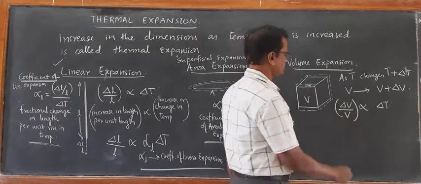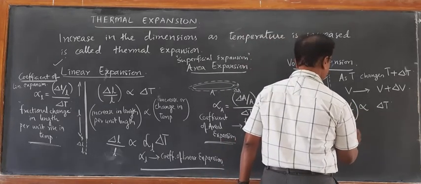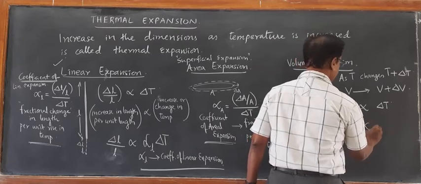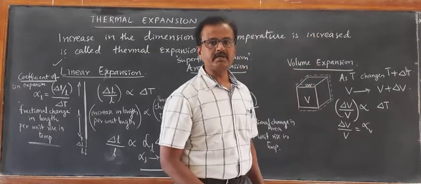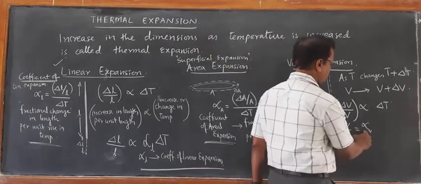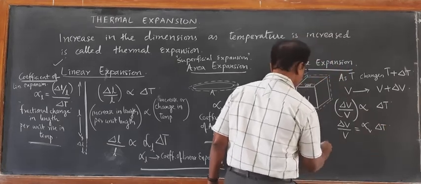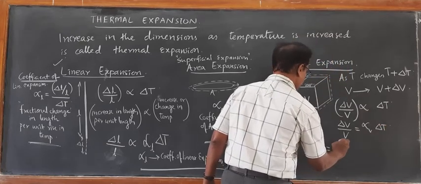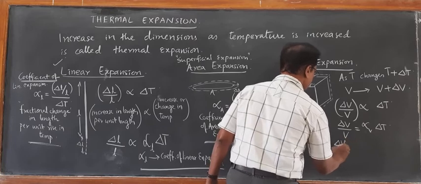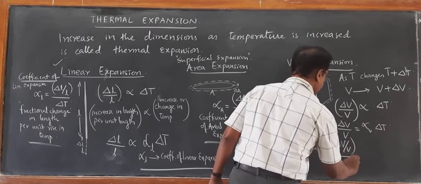If you take out this proportionality sign, then change in volume per unit volume becomes equal to what is known as coefficient of cubical expansion or coefficient of volume expansion, alpha V into delta T. Alpha V is equal to change in volume per unit volume per unit rising temperature.